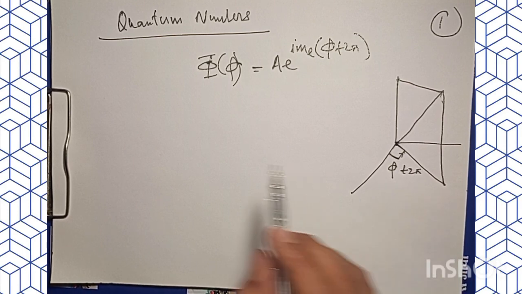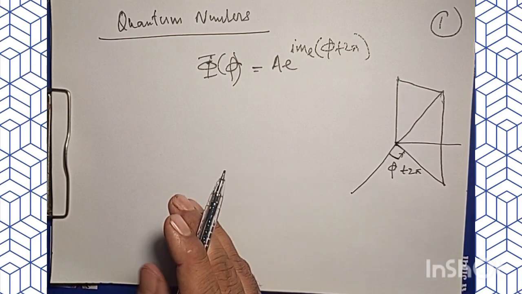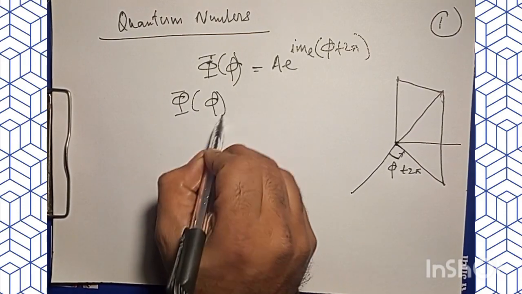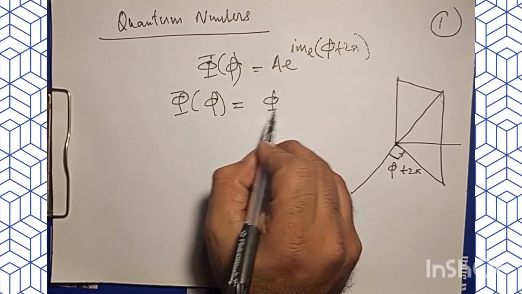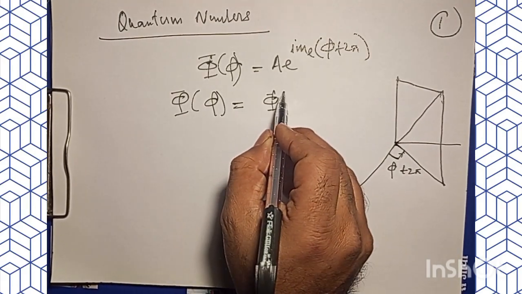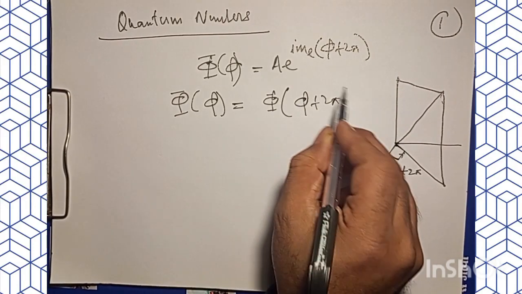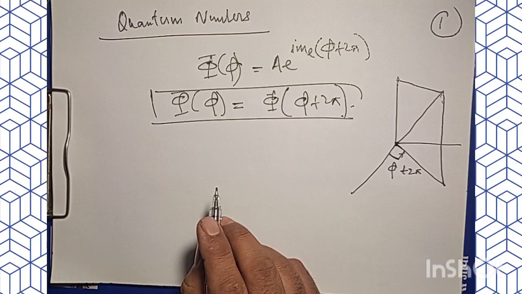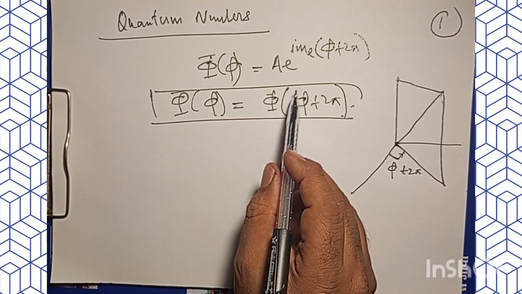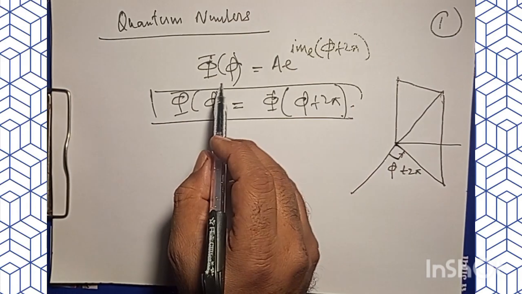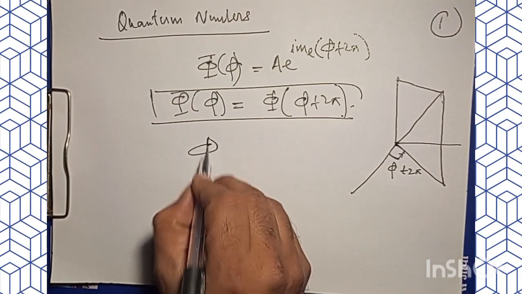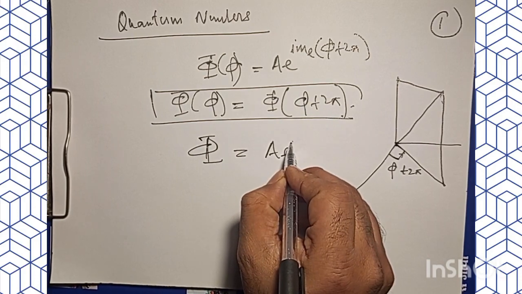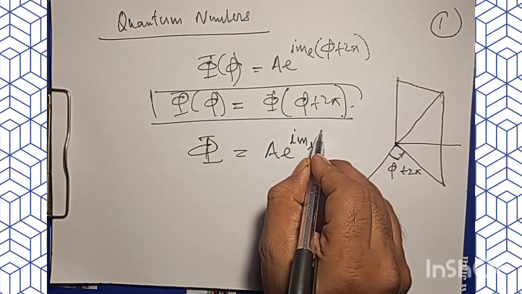Hence, what is imperative here is that phi of phi can be chosen as phi of phi plus 2 pi, and the reasons I have already mentioned. So the phi that we have originally for the differential equation, let's assume, is e to the power of iota ml times phi.